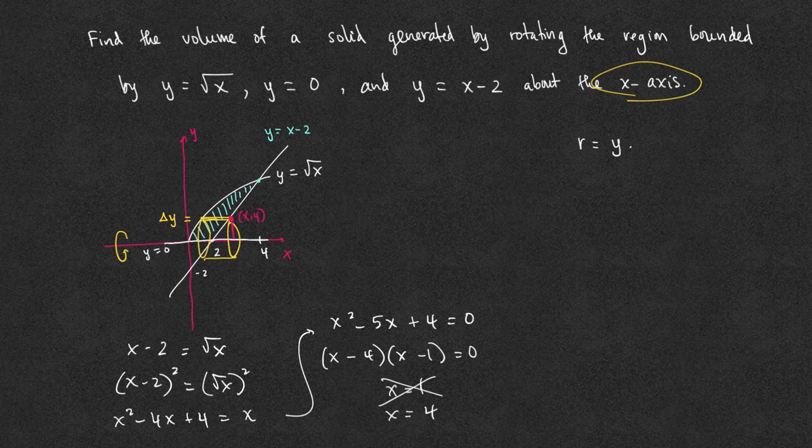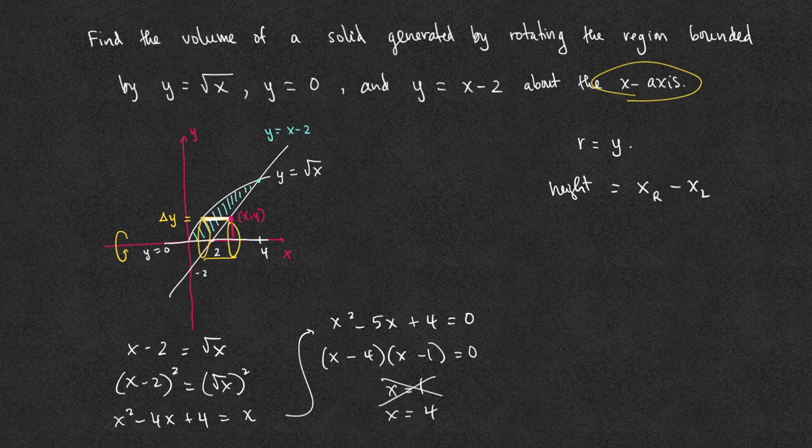The height of the shell is the horizontal distance, but this horizontal distance is the difference between the two curves. To find the height of this shell, because it is a horizontal distance, we will take the x on the right minus x on the left.